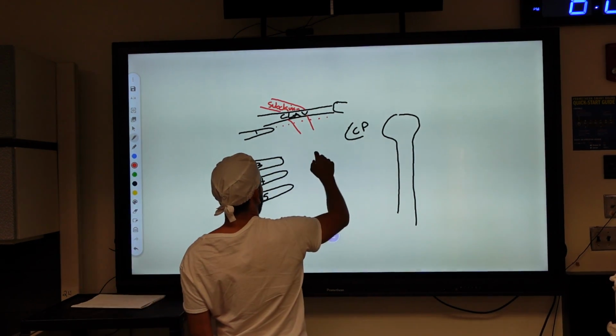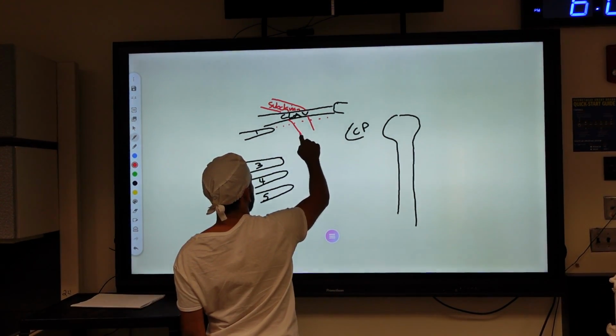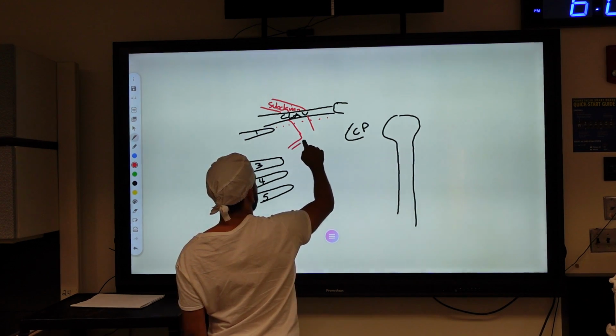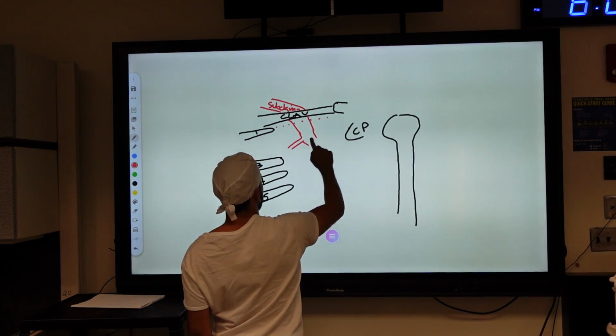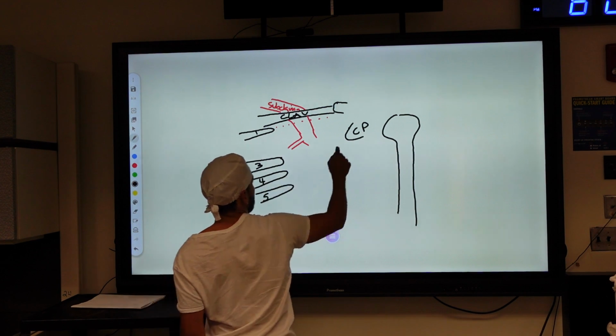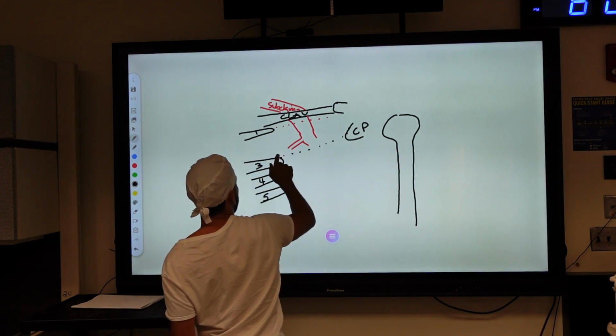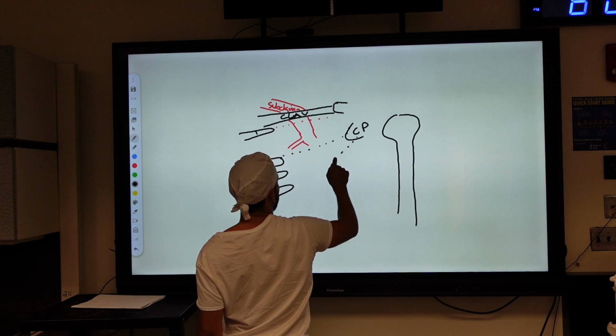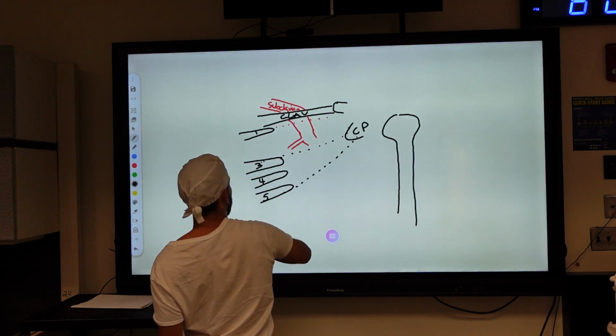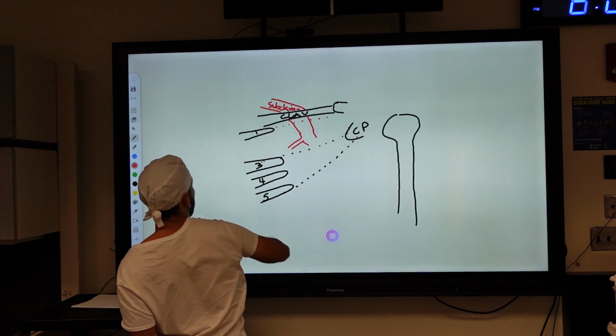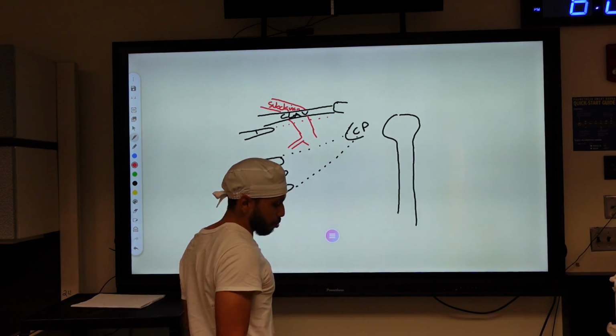We can conceptualize this as... What is CP? CP is coracoid process.